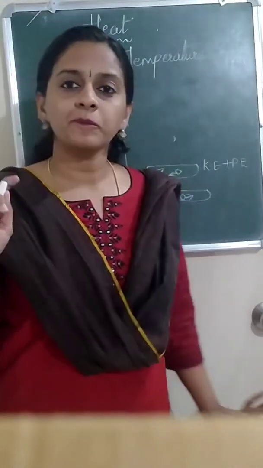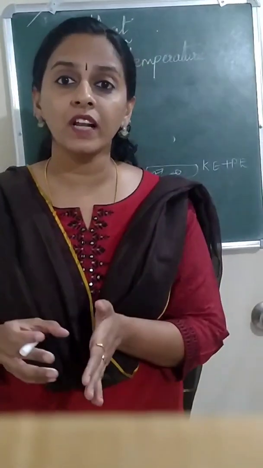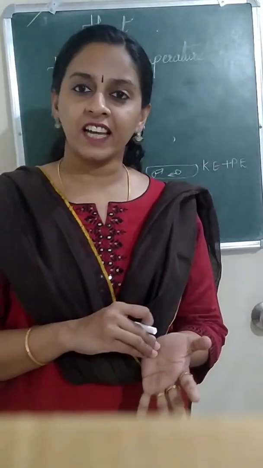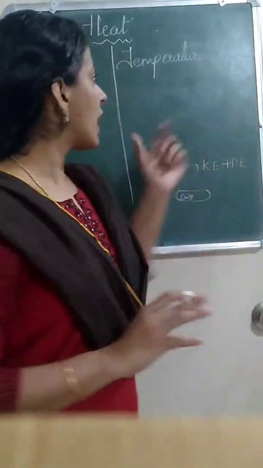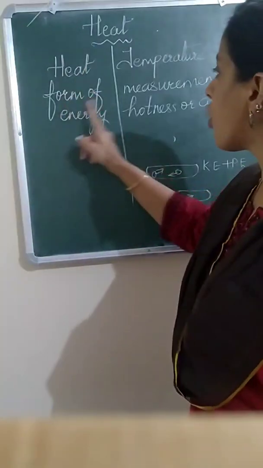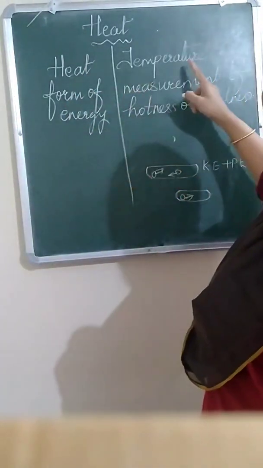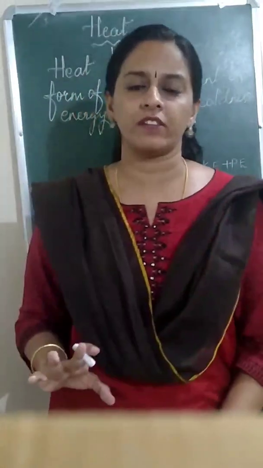Did you understand? So, what is heat? Heat is the total of potential and kinetic energy present in a substance. So, first point you will write, heat is a form of energy, whereas temperature is the measurement of hotness or coldness of an object.